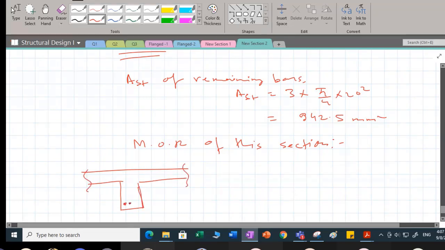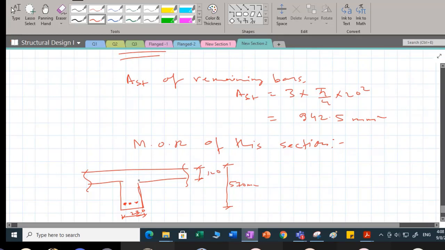Instead of 6 bars, you have 3 bars. You know the width of web, which is 230. You know the depth of flange, which is 120, and the overall depth was 570.